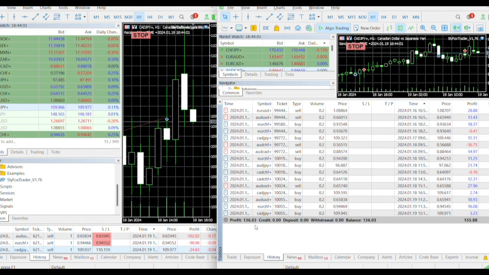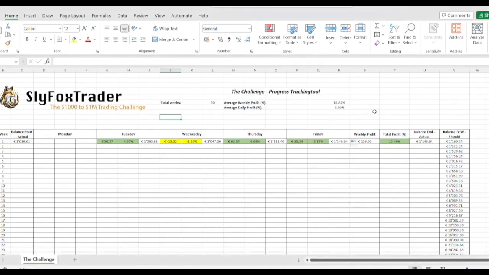We had 136.03 profit at the end of the first week, and as you can see here now, I slightly updated the tracking tool.